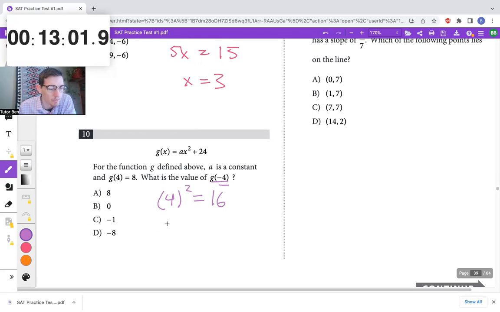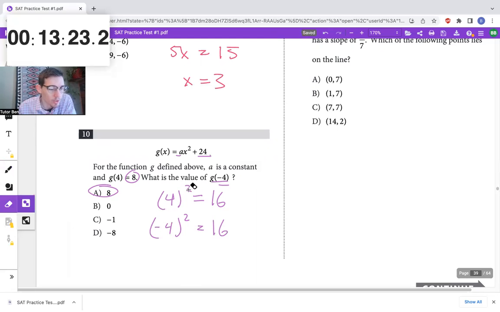If we plug in -4, we're also going to get 16. So whether we plug in 4 or -4, the rest of the function is going to work the same. So we're going to get a value of 8, which is answer A.